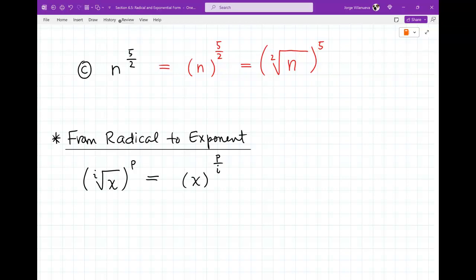So from radical to exponent. The same thing stands for p and I, so I'm not going to rewrite it. P is a power, I is an index, just like it said up at the top definition. So no need to redefine those. I am going to ask you, though, please make sure you put parentheses around whatever's inside of that radical, okay?